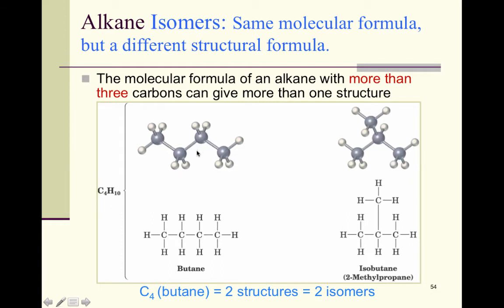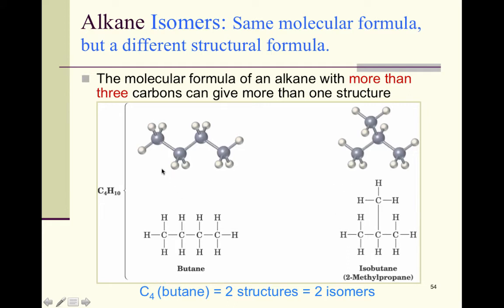Now, the structure of this one is a straight chain, whereas this one has 3 carbons in a row, but it has a branch of 1 methyl group coming off of it here, off of carbon number 2. They are not the same as each other. They do have in common their molecular formula, but they have different properties and they have different names. They are different compounds from each other.